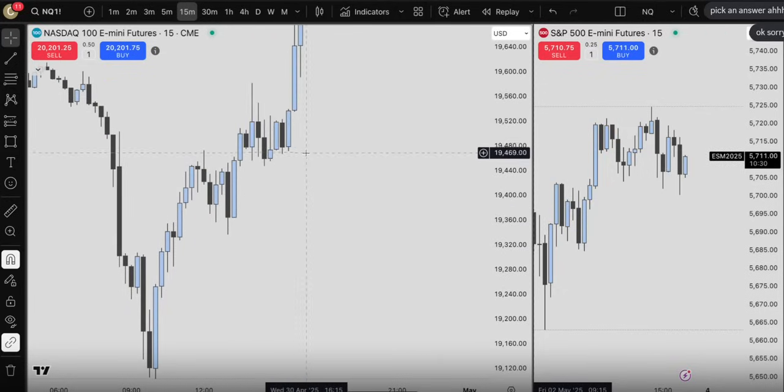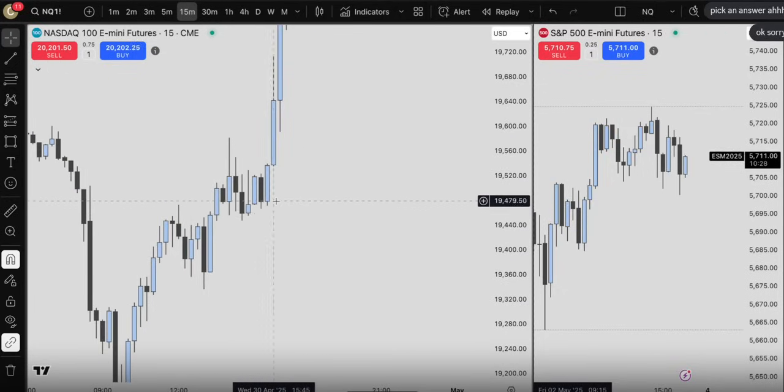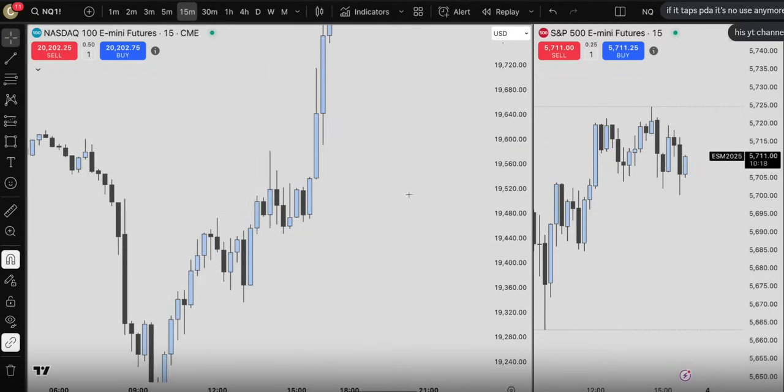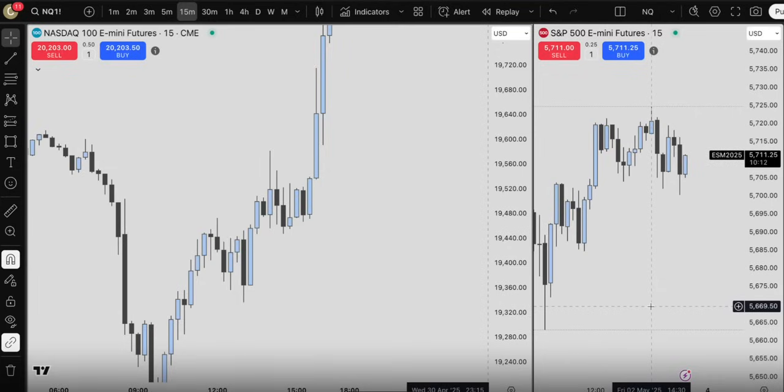Okay, so breaker blocks, right? I think this would be. Where was the breaker block? Let me look at my screenshot that I took.